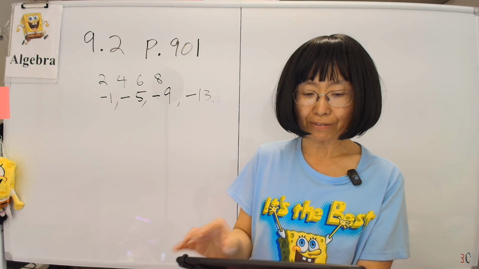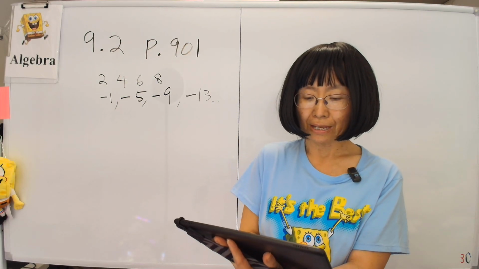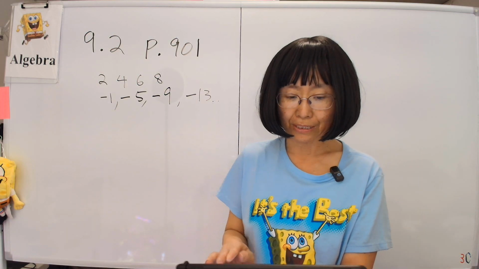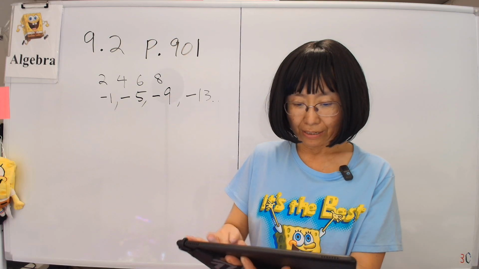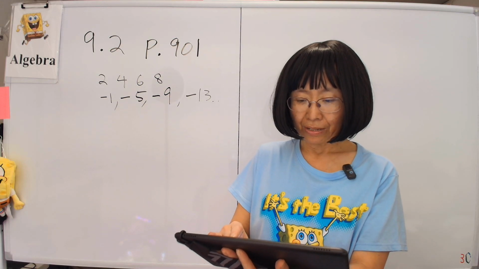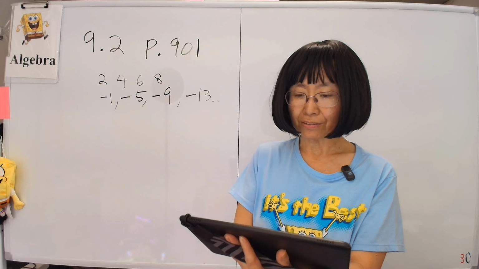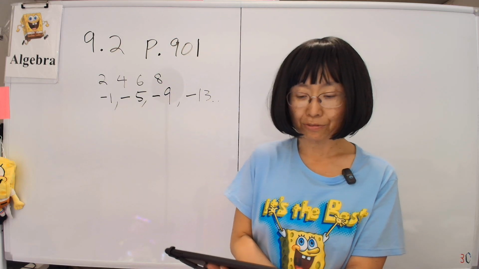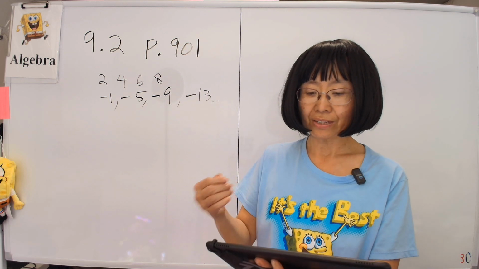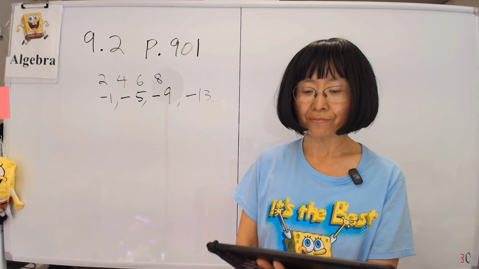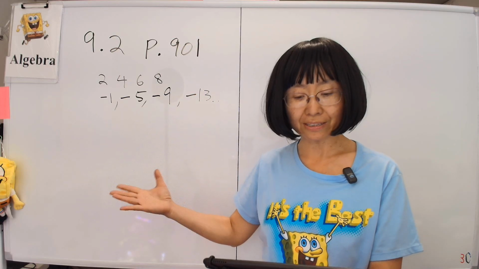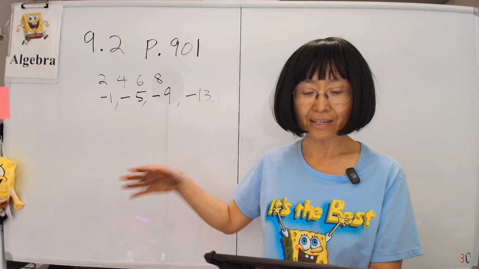So in example 1, they want you to look at these two sequences, A and B, and see if the sequences are arithmetic. So please do that yourself, okay? And then let's turn to example 2, which says that if you have the difference of the arithmetic sequence and you are given the very first number, which is say 17, and the difference is -3, that means you take 17 plus -3, that's your second term, then plus -3 again, the third term.